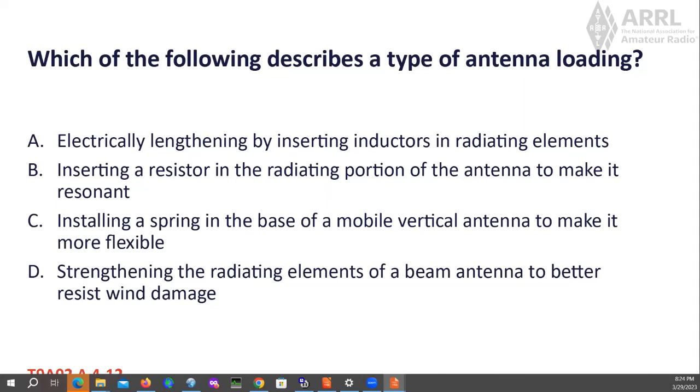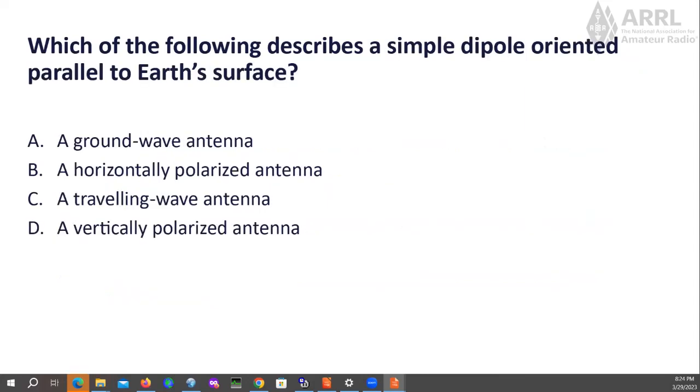And if you remember, they said that inserting or coiling the wire, making an inductor, is called loading. So that's A again. Which of the following describes a simple dipole oriented parallel to the Earth's surface? And that would be a horizontally polarized antenna.